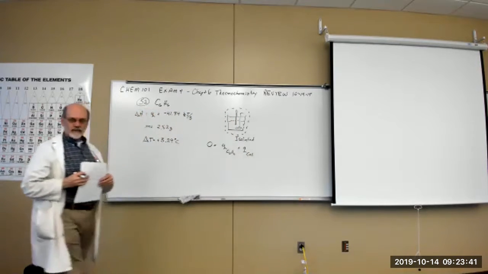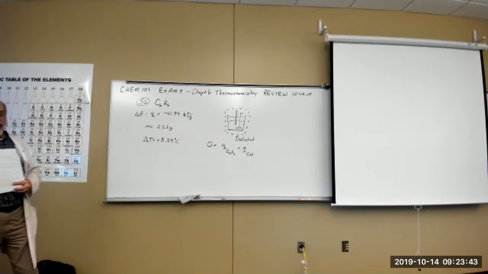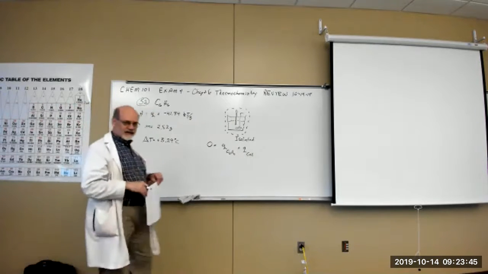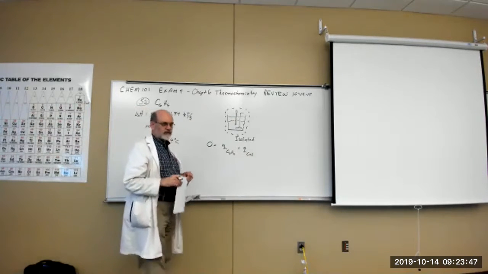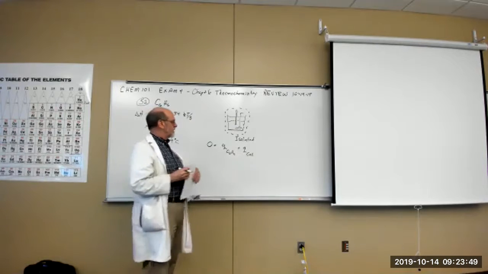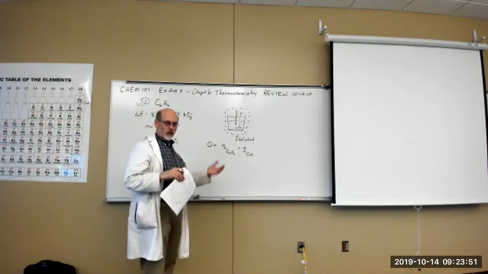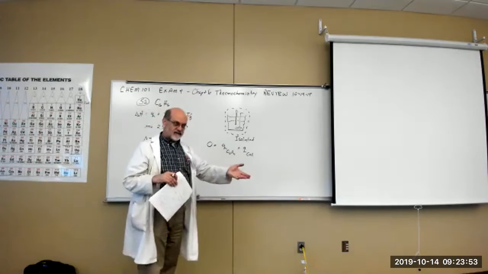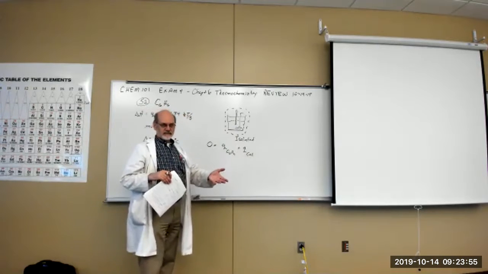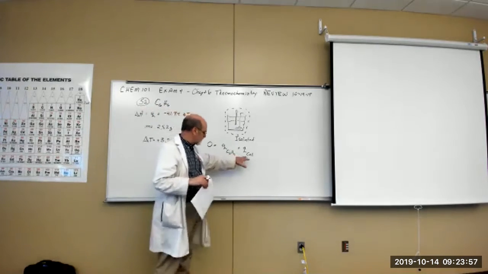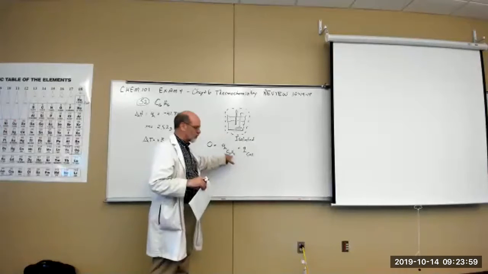Right? The calorimeter might be isolated from the outside, but the calorimeter has a heat capacity. It will absorb some heat if it's an exothermic reaction, or provide some heat if it's an endothermic reaction. Right? So you have to compensate for this value in order to determine what that one is.